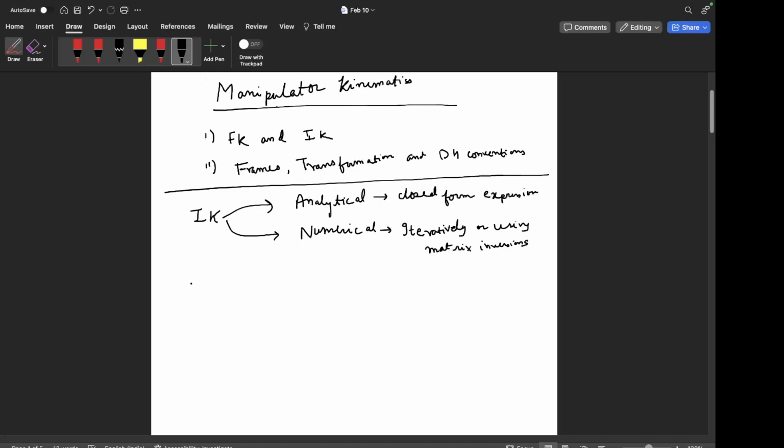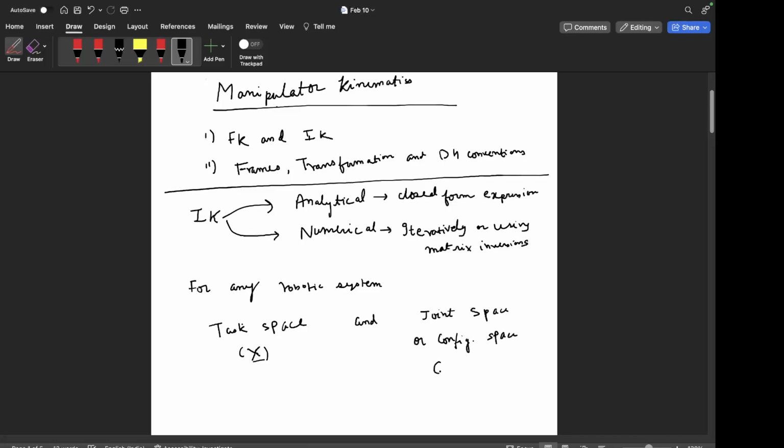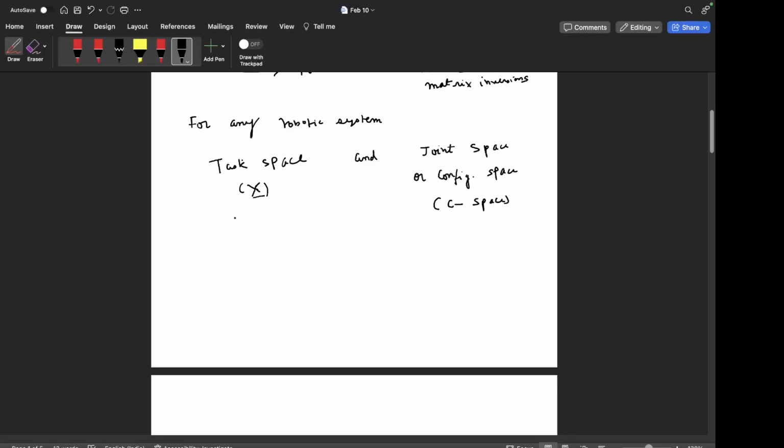For any manipulator or robotic system, or in fact for any multi-body rigid body system, we have a relation between the task space, which is usually denoted by x, and the joint space, another term for which is configuration space, also called C space. So task space is where we specify the tasks.